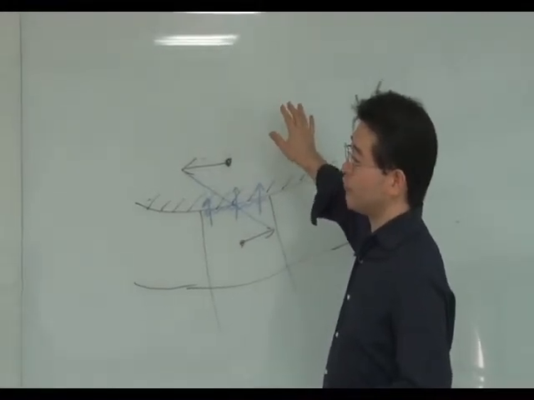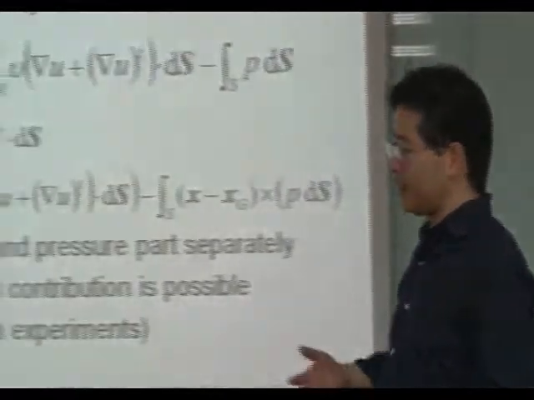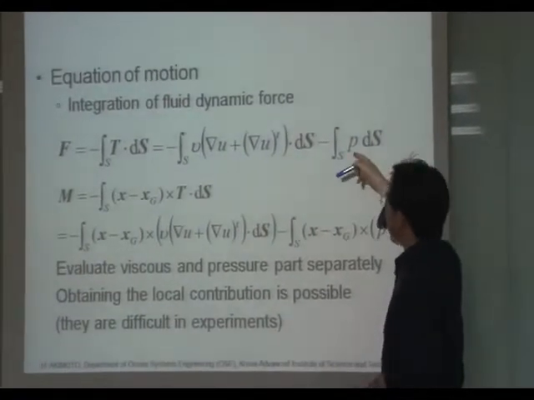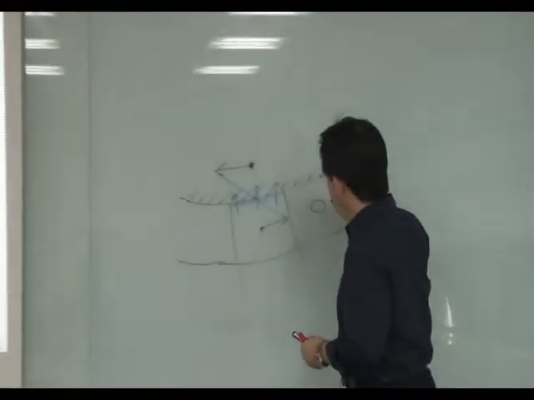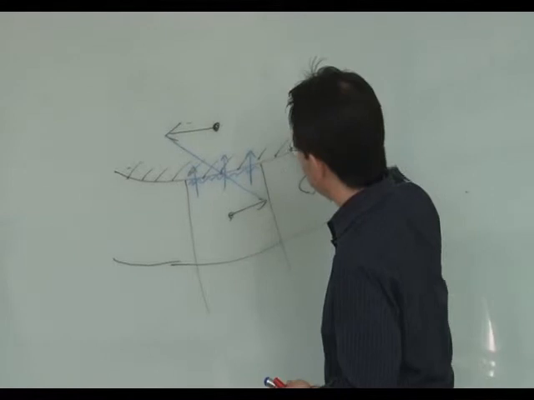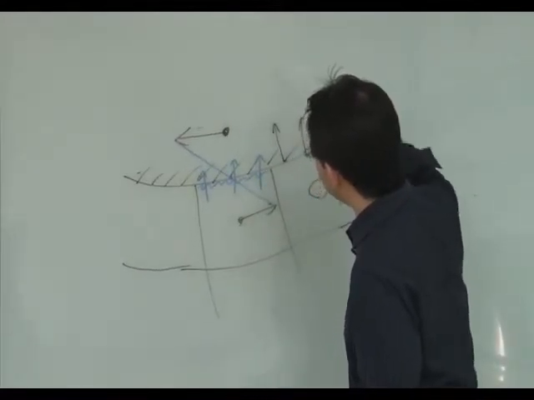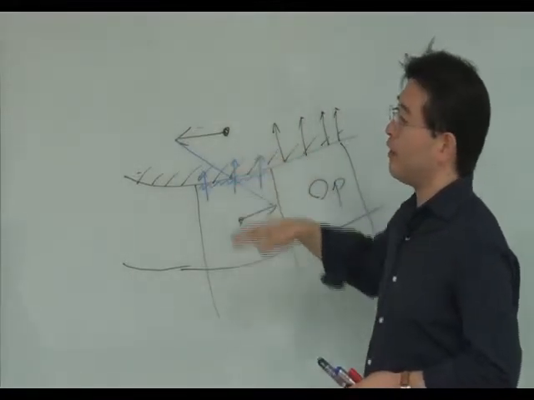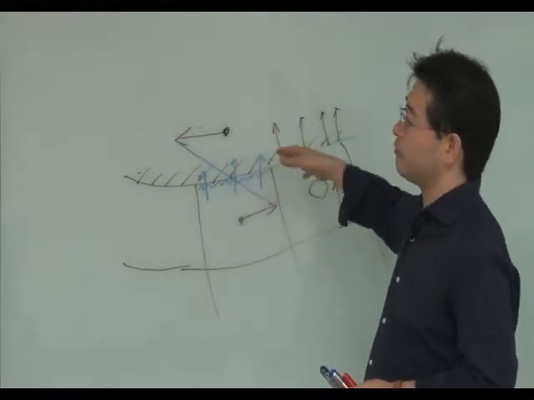It is equivalent to the force the body will receive from the surrounding fluid. And pressure force is proportional to the pressure value, and it is normal to the hull surface. So on the body surface, two phenomena exist.